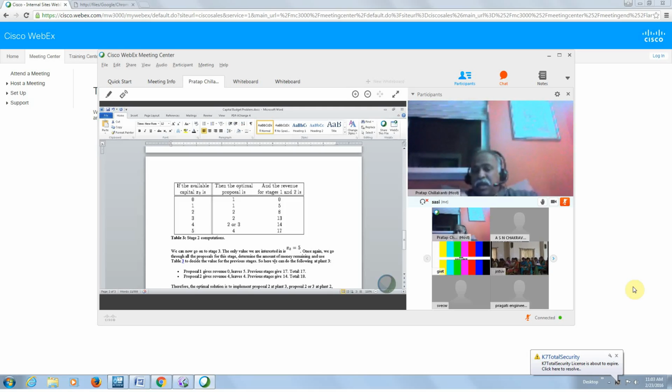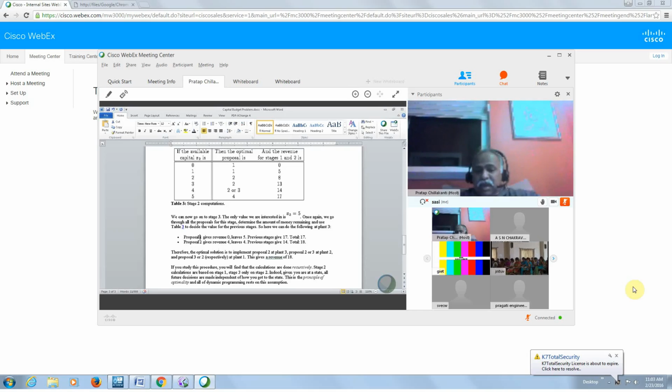So you are kind of applying some concepts of recursion here, right? Once you do that and add up those things, you get some net value here. Then you will see that proposal 2 gives revenue 4, leaves 4. So that is the optimal solution there.